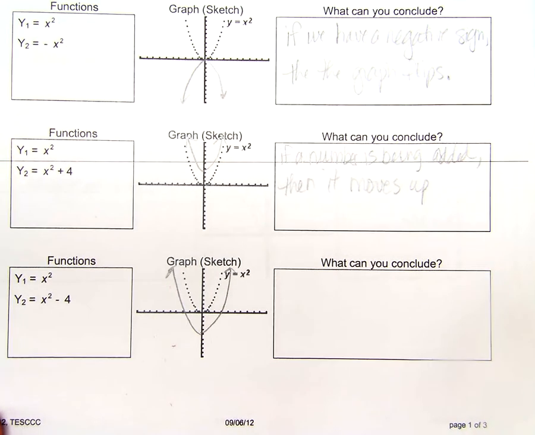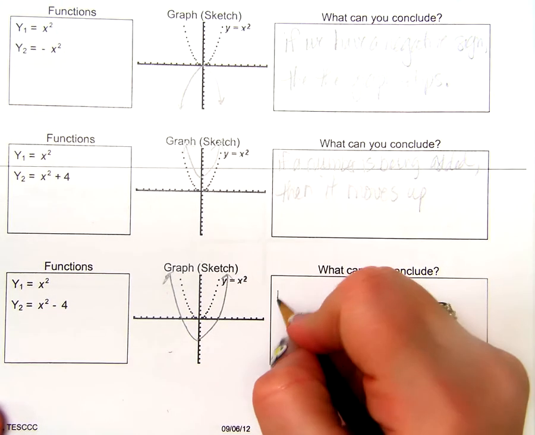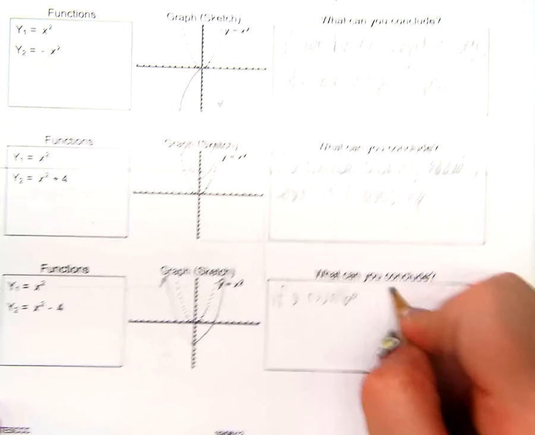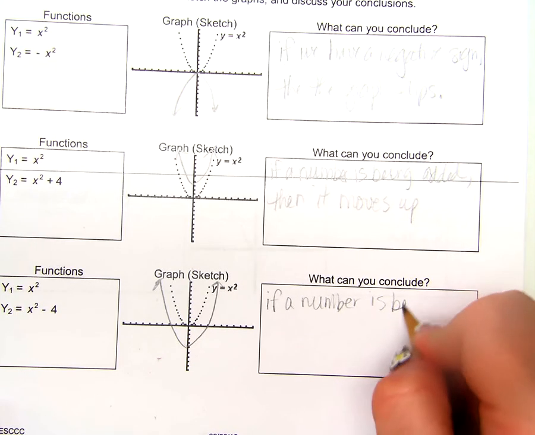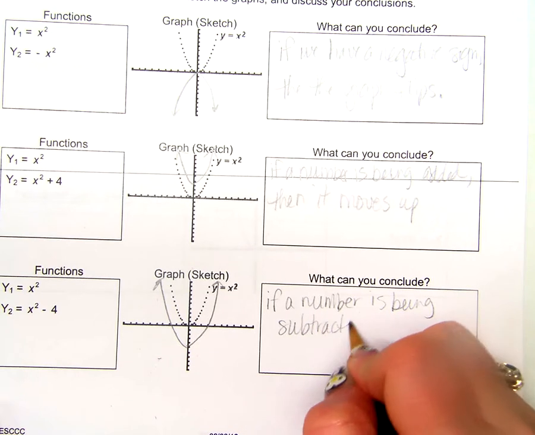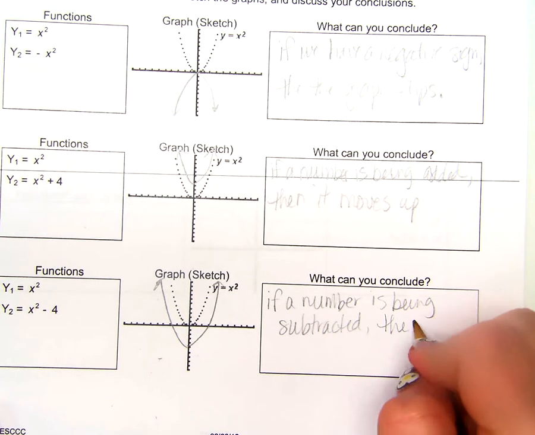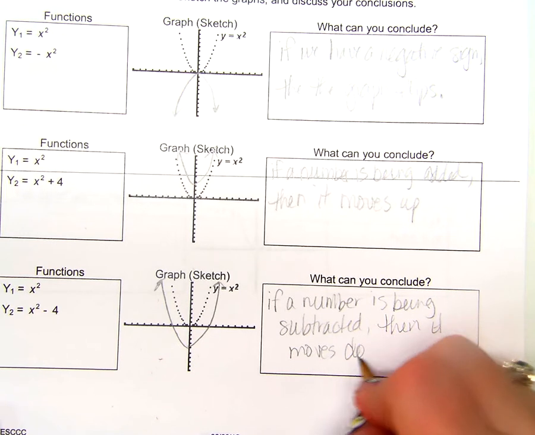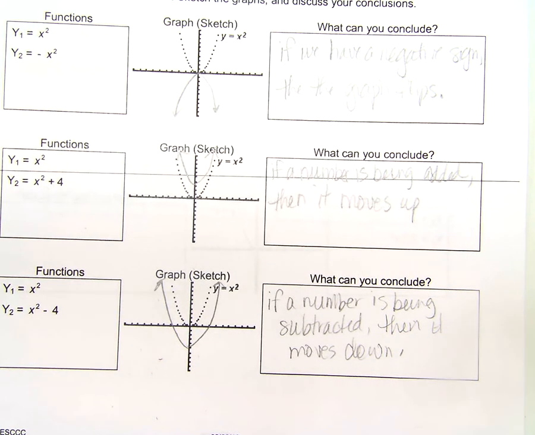So what can you conclude? If a number is being subtracted, then it moves down. Is that what you said? Okay. Any questions so far?